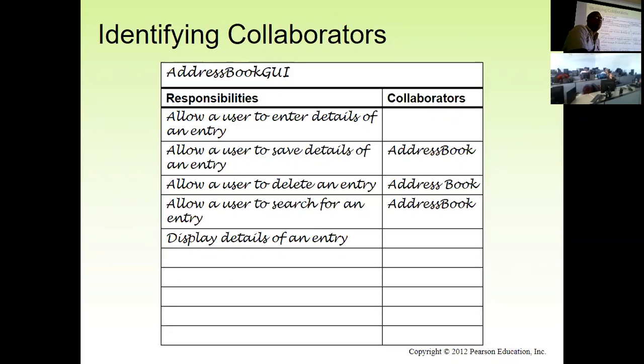Okay? Now, which class is going to allow that to happen? As you would see in the collaborator section, right? In order to save the details of an entry, you need to collaborate with the AddressBook, right? In order to allow a user to delete an entry, you have to collaborate with the AddressBook, and so on and so forth. Yes?